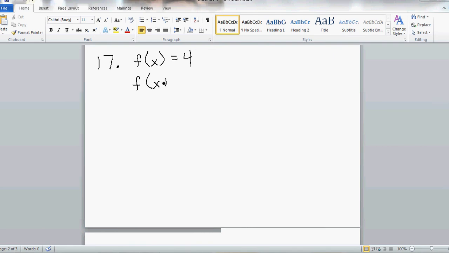But then what we need to do is find what is f of x plus h. And realize that this simply means wherever we see an x here, we have to put in x plus h. Well, that's pretty simple. It's 4 in this case. Now, if this were 4x, we'd have to do 4x plus h. In fact, I'm going to change it just slightly because this really doesn't fit. So here it's going to be 4x. I'm changing the problem just slightly. And then this would become 4 times x plus h.